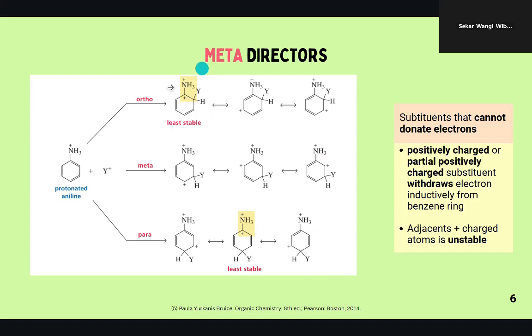This makes the structure very unstable compared to when you put it in the meta position. So when you attach an electron withdrawing group, the meta position will be favored.